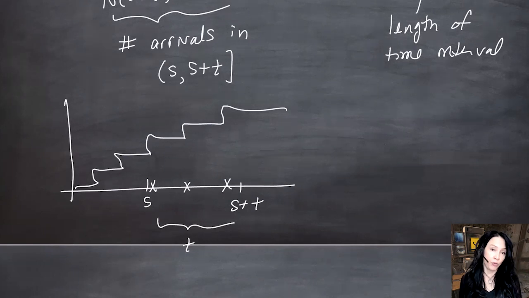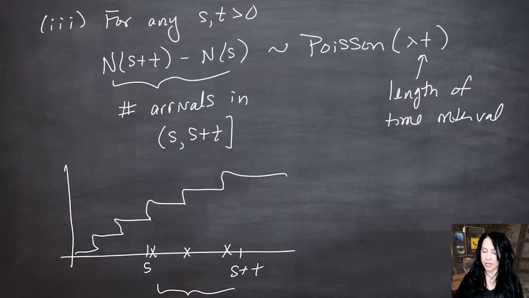The next time you make a realization of that process with new random input, there'll be potentially 0 in that interval or 9 in that interval. And that's a random variable that's going to be Poisson. And the parameter is lambda times the length of the time interval. And we saw that the expected value of a Poisson is the parameter. So we'll expect more values when t is larger and less values when t is shorter.